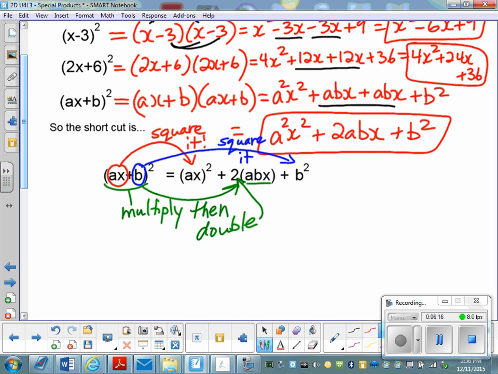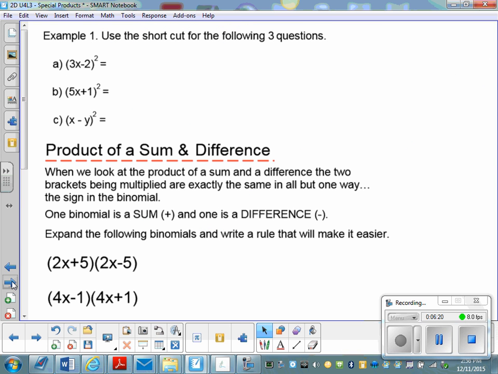Okay, so we're going to try some questions with the shortcut. See if we can handle these. So I've got 3x minus 2 squared. So I'm going to square the first term.